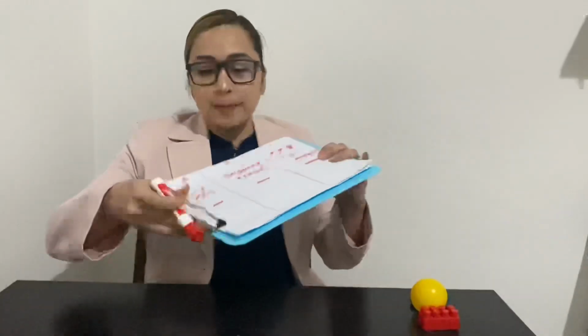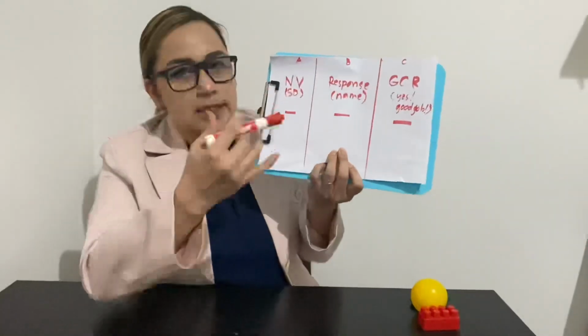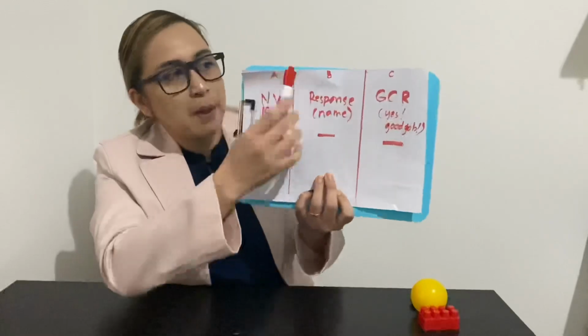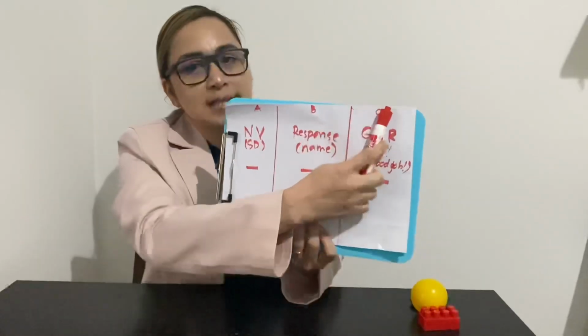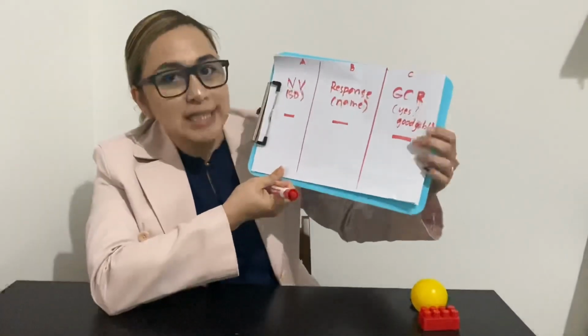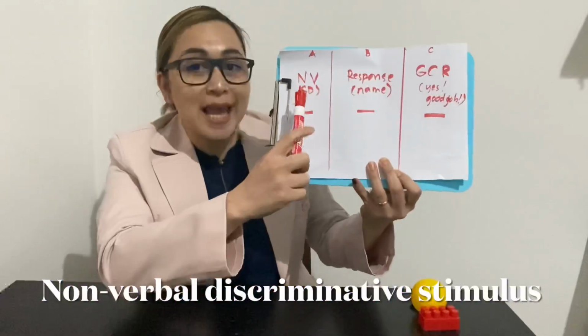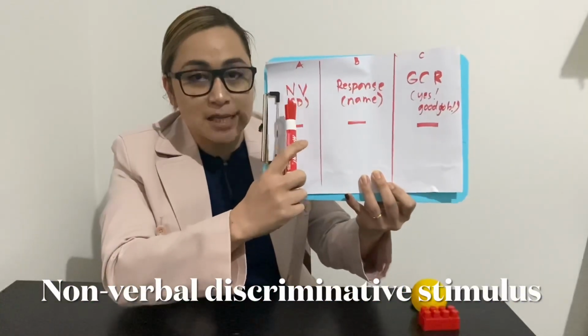Before we go to the actual training that I'm going to show you with the twist, I'm going to show you a little technical part first, okay? Remember the A, B, and C of the behavior contingencies. For the tact or naming, we have the non-verbal SD, or discriminative stimulus.